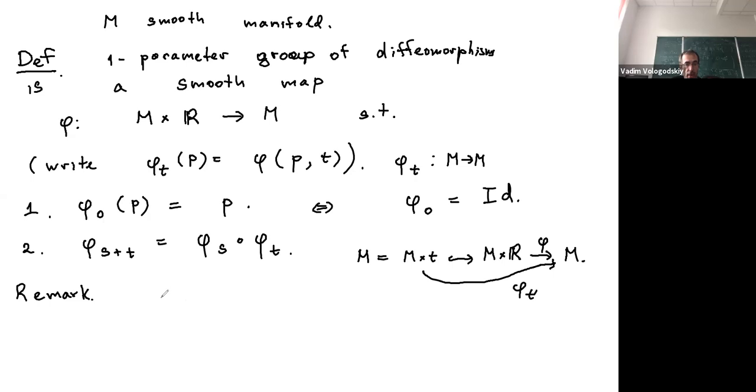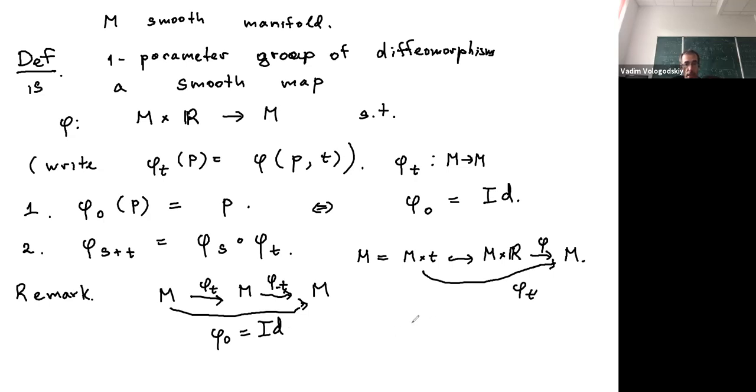So we have M, we have phi sub t, which is a smooth map from M to itself, and we also have the map phi sub minus t, and the composition of these two maps is phi of 0, which is the identity.